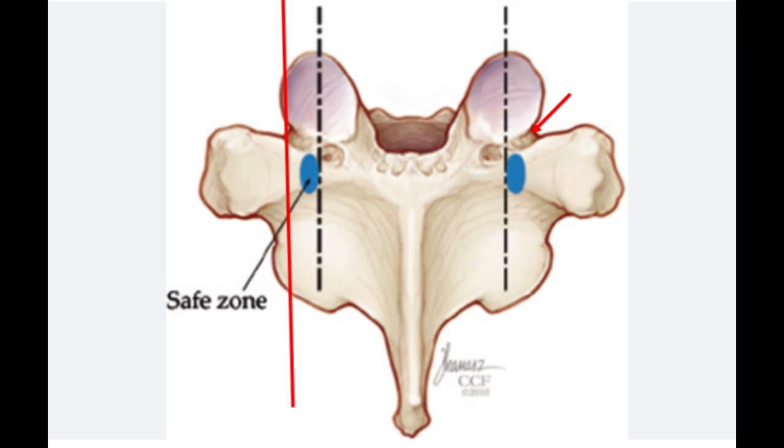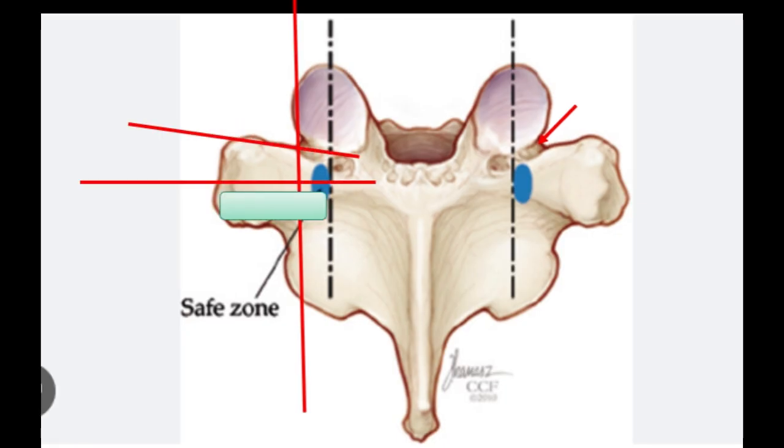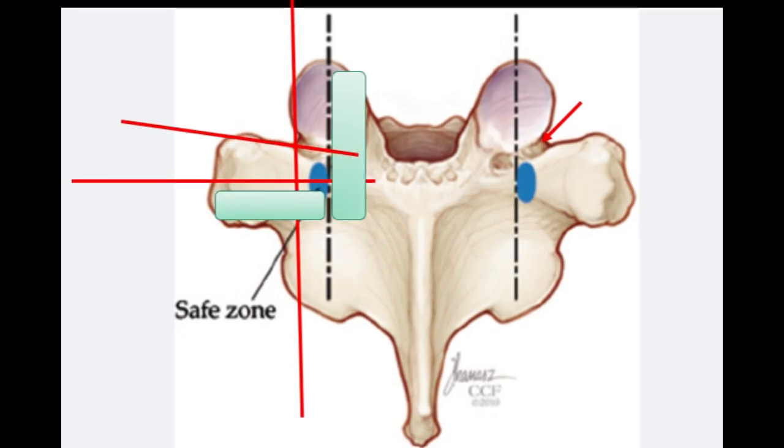So most of the papers show that either the entry point is along the middle of the transverse process, or the upper third of the transverse process, or a superior part of the transverse process. So it is never below the line bisecting the transverse process. This has to be very clear.